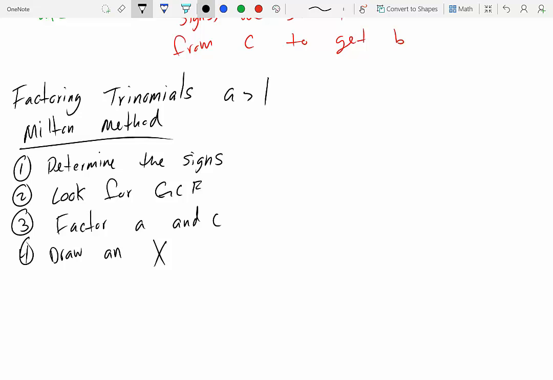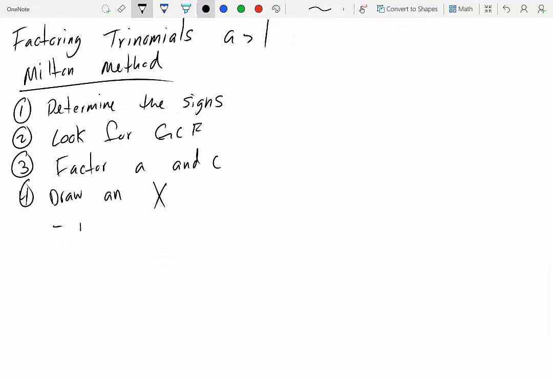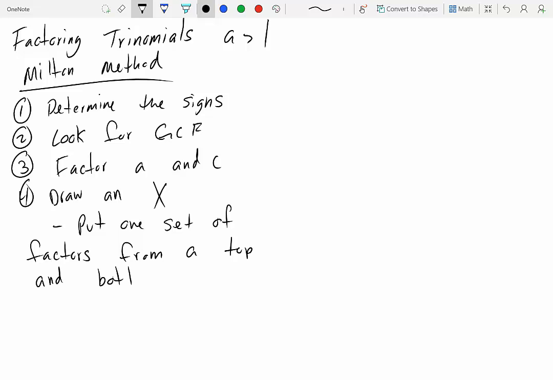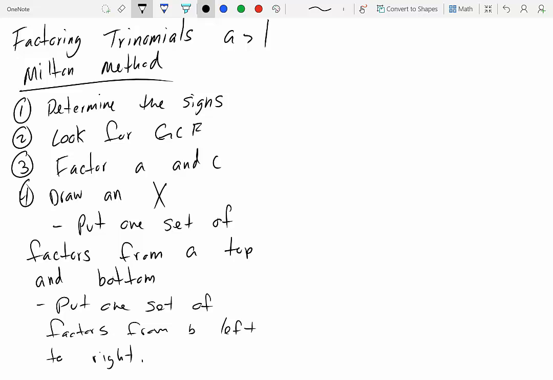So after we draw an X, we want to put one set of factors from A, top and bottom, and we want to put one set of factors from B, left to right.